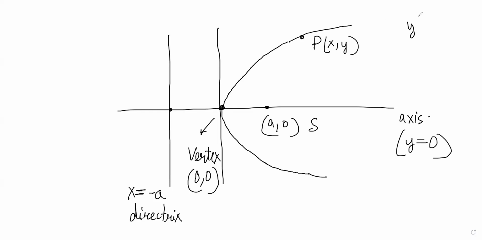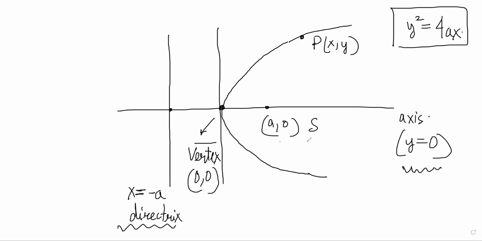The equation of the parabola is y square is equal to 4ax, right? And here, basically, the principal axis has been defined, the directrix has been defined, the vertex has been defined, the focus has been defined, right? And you can also find the equation of the latus rectum. The latus rectum will be a double ordinate passing through the focus, so this line perpendicular to the axis will be the latus rectum. That would be at x is equal to a.